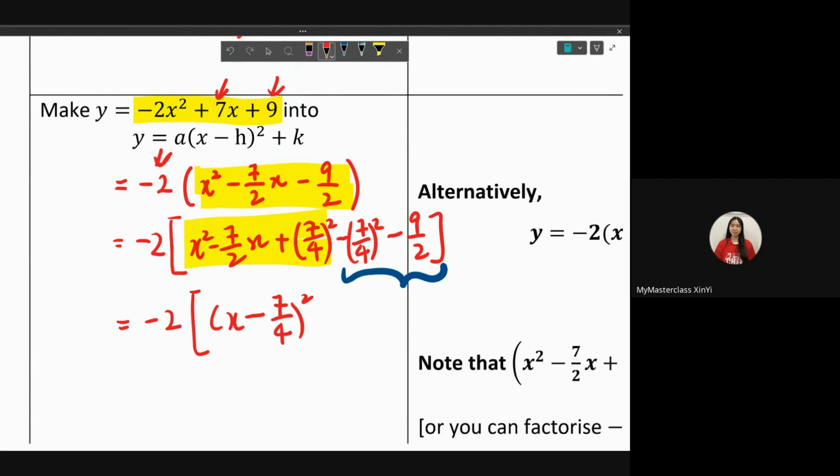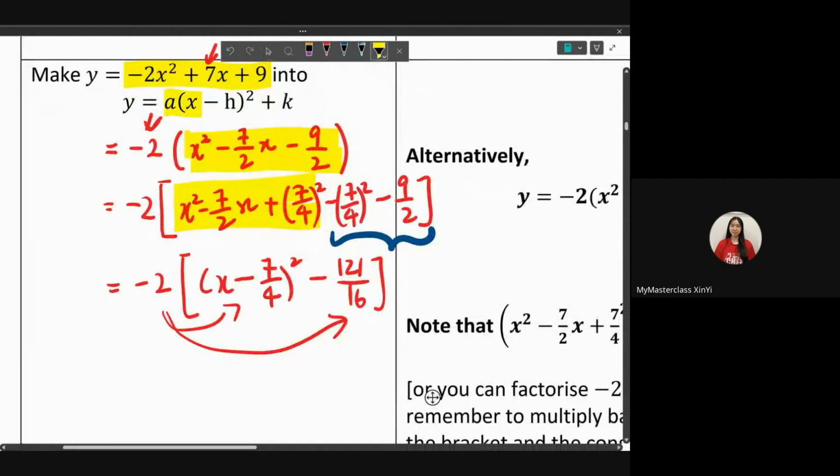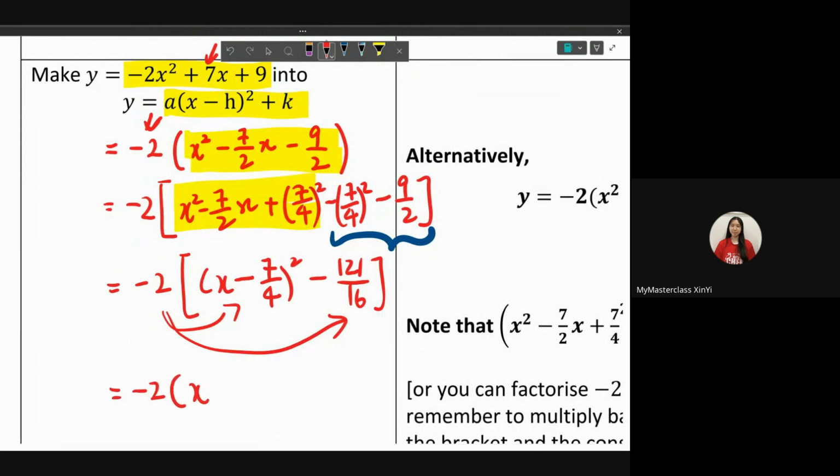Then you're going to get negative 121 over 16. Don't stop here, because your negative 2 is going to be multiplied into each of these terms inside, because you want to express it in this form. So this becomes negative 2 times x minus 7 over 4 squared, and then negative 2 is also multiplied to negative 121 over 16.